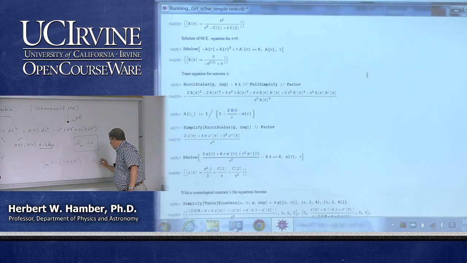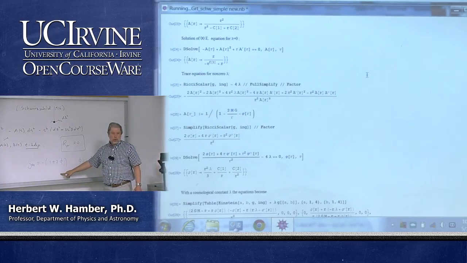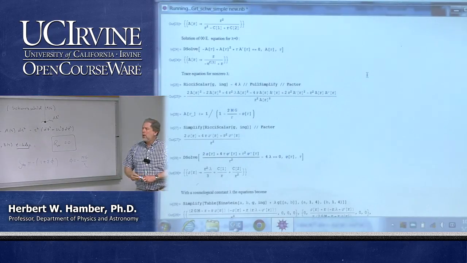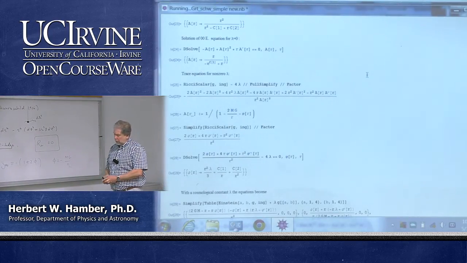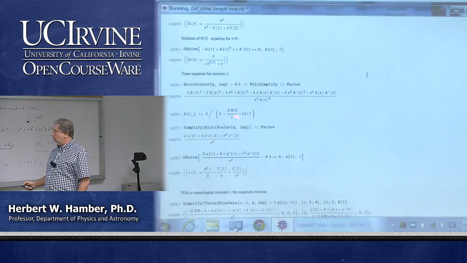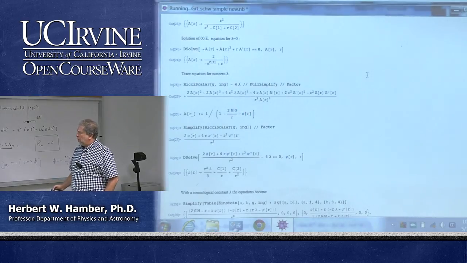In other words, phi has to be equal to minus mg over r. And that means that g_00, which you remember is this B function, has to have a term which is 1 minus 2 mg over r. That is the reasoning why we write the function A, which is the inverse of B, as 1 over 1 minus 2 mg over r, plus an extra piece possibly, but the extra piece will turn out to be 0. So we don't need to have that, unless there is a lambda term, then we need that.